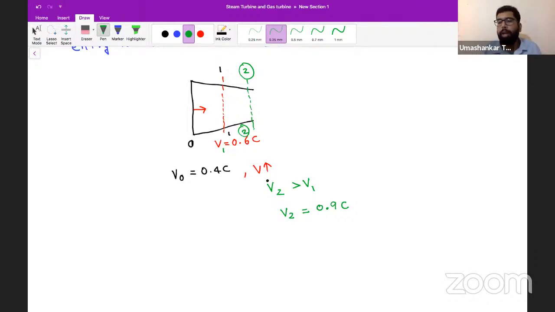So from point 2, even if I further converge this passage, our velocity will go on increasing.